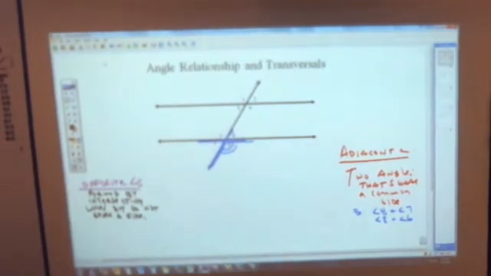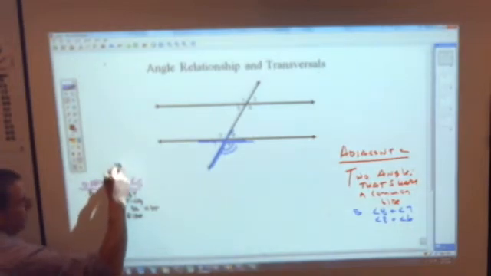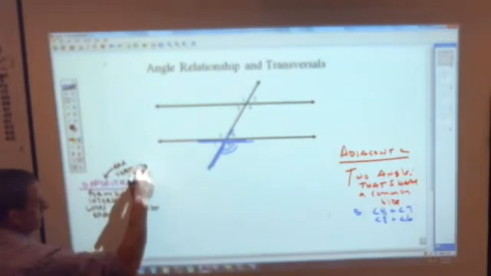By the way, these are also called vertical angles.